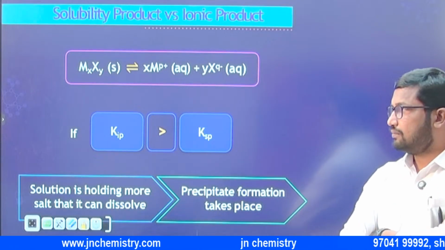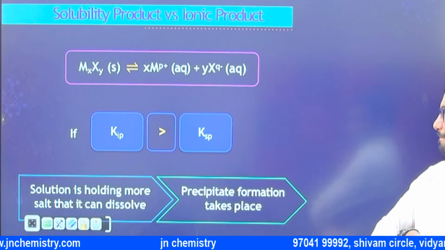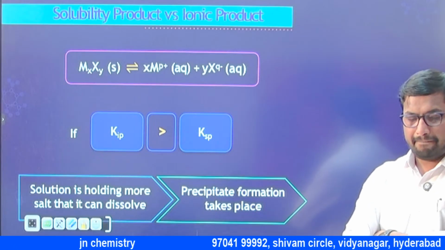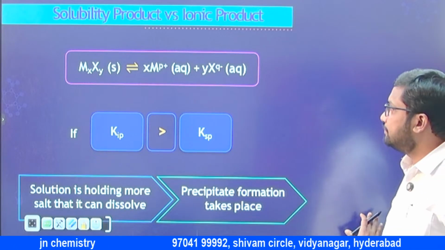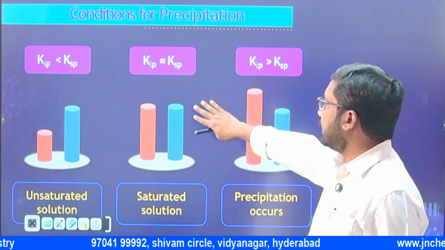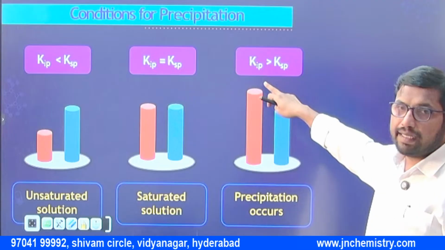See, for a saturated solution, Ksp, ionic product and solubility product, a precipitation occurs when ionic product is more.